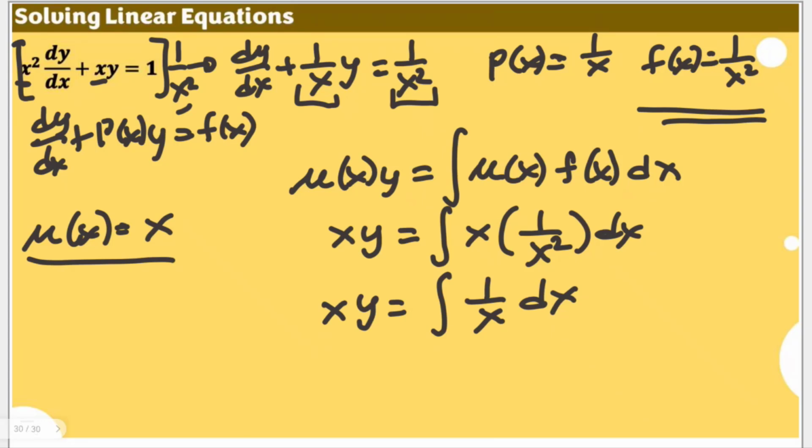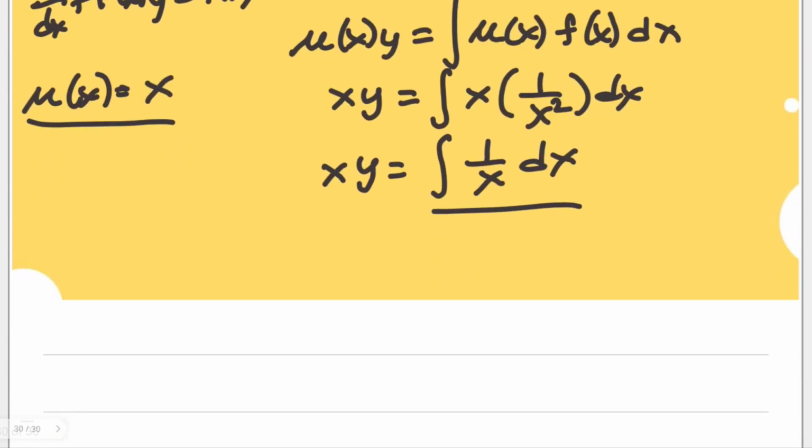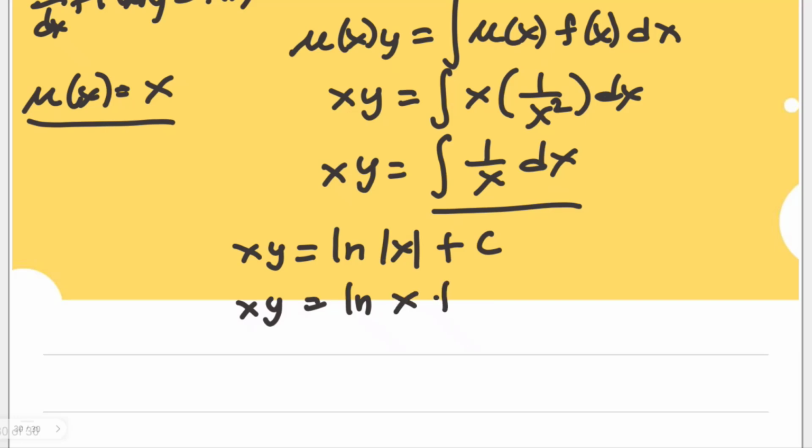With this now in our mind, we can now integrate this. Your left hand side is still xy, and that is equal to the natural logarithm of x plus c. But since we're trying to solve for the given equation, our end goal is to come up with an equation y equal to something.